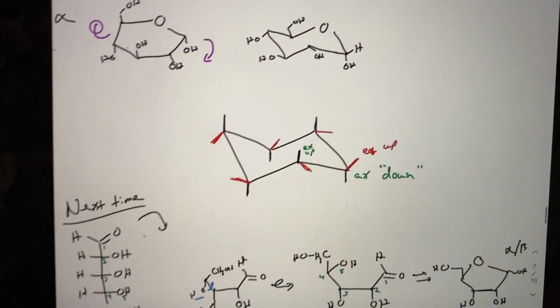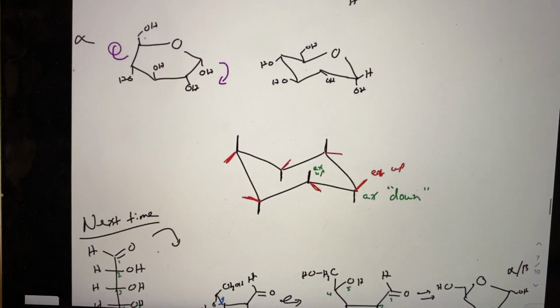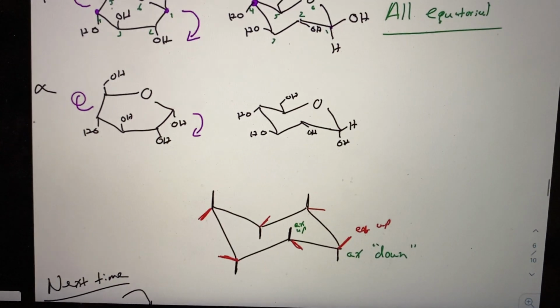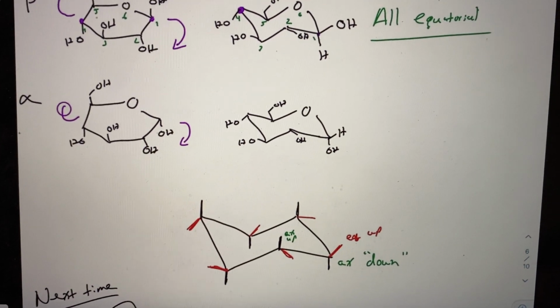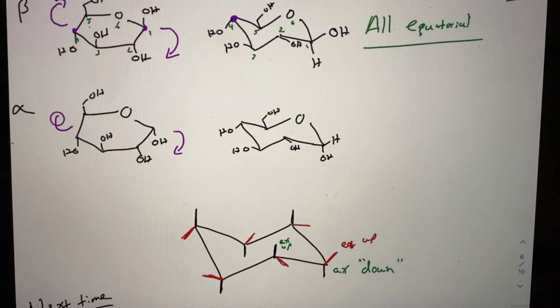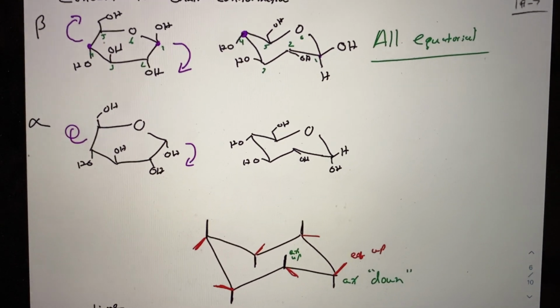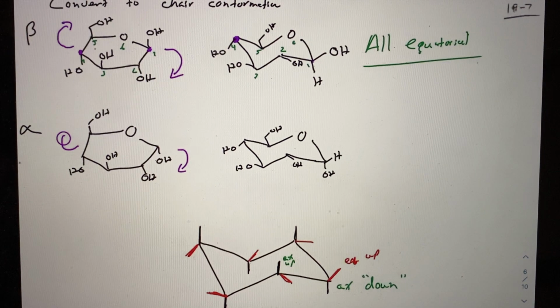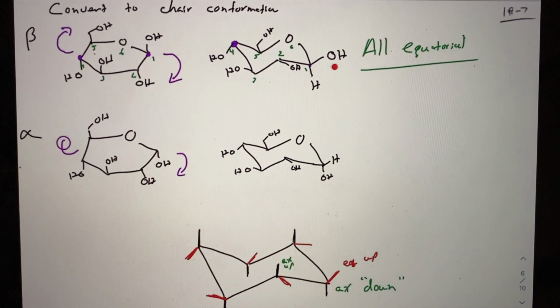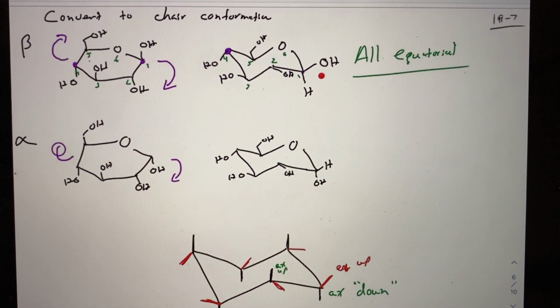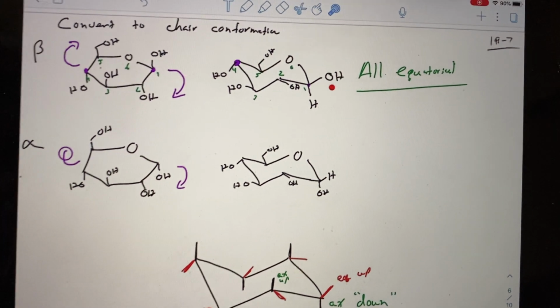So if I scroll back up, I'll come back down to this one in a second. For the glucose, we didn't get a 50-50 mixture of the beta and the alpha, and actually the majority of it was the beta. And all we see is the difference here between the two is the orientation of this hydroxyl group that I'm underlining with the pointer, at the anomeric position.